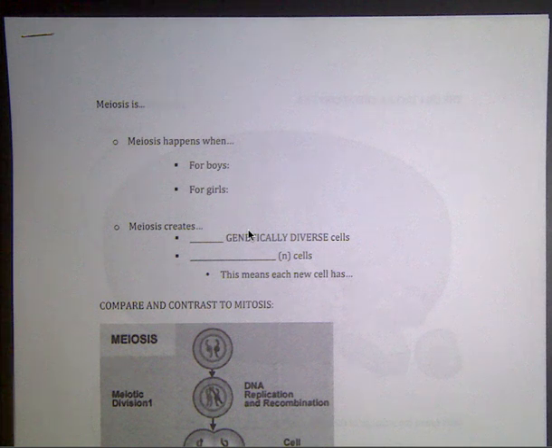Today we're going to be talking about something different. We're going to be talking about a process called meiosis.